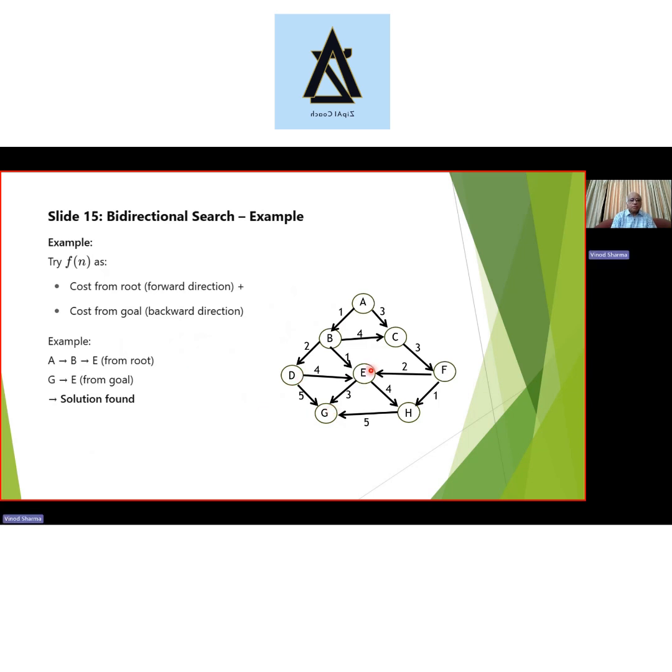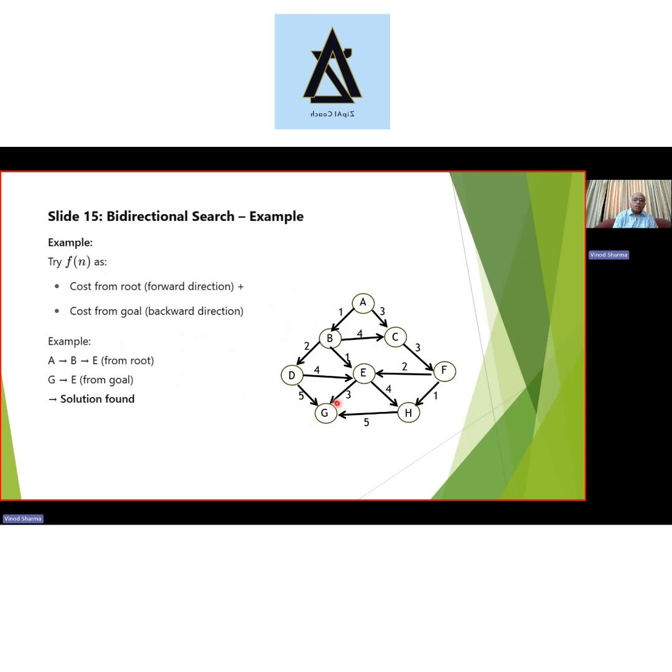So we reach E, and then of course, because from G the minimum cost was again 3, we are picking this column A, B, and E. You reach here. Now again, going forward, we have to take the next step because we have not reached the goal.